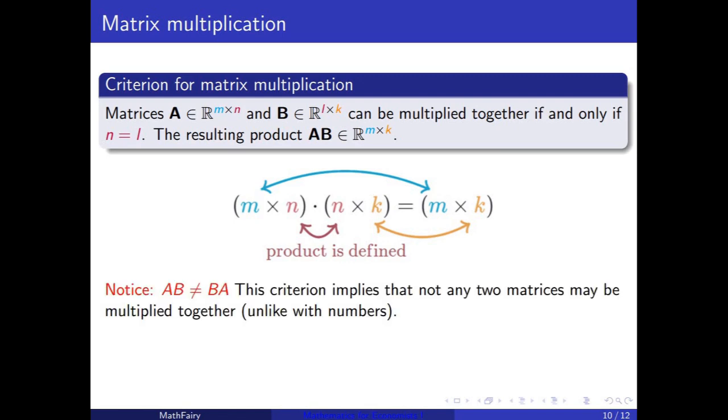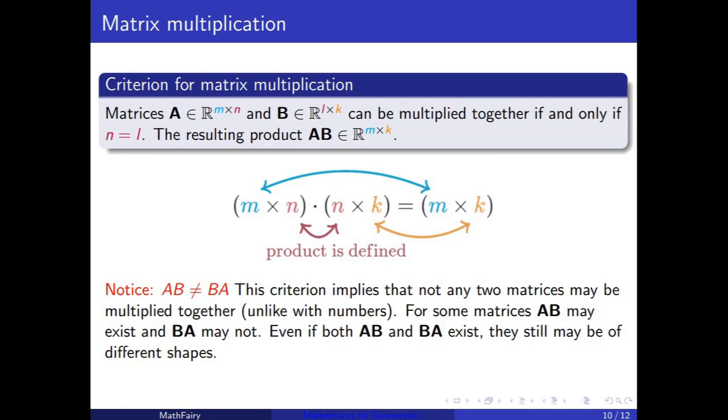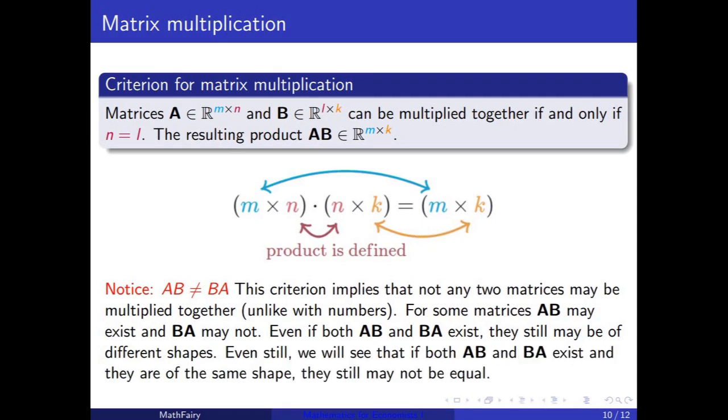This criterion implies that not any two matrices can be multiplied together, so unlike with numbers, for some matrices it might happen that A times B exists, but B times A does not. And even if both A times B and B times A exist, they still might be different shapes. And even if both exist and they are of the same shape, they might still be different.